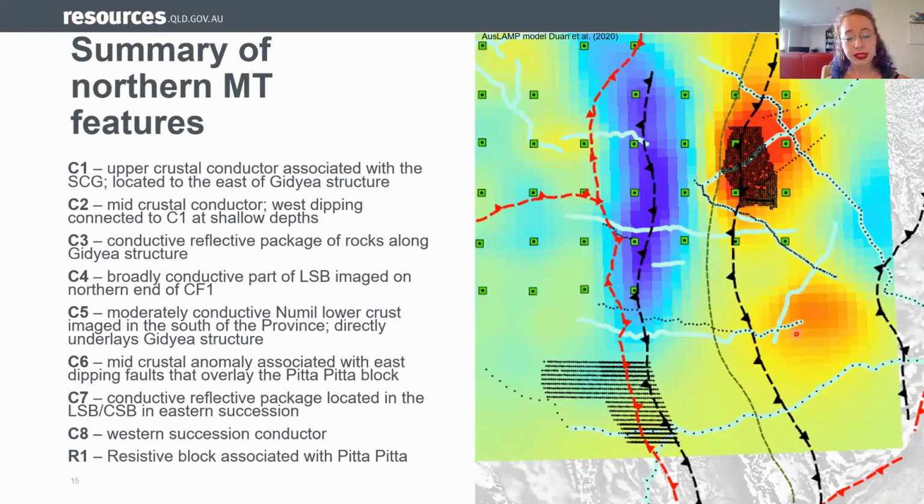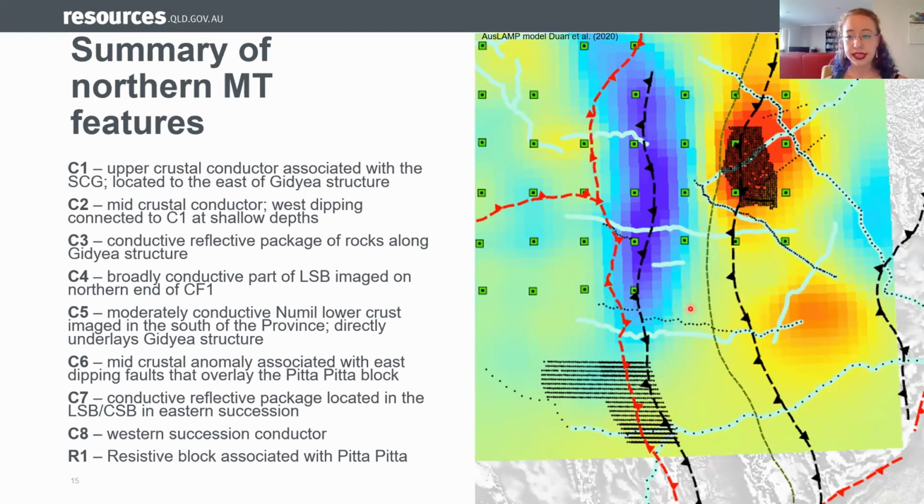So we pick up C5 as a broad, lower crustal, moderate conductor on M6, and I'll show you that it continues further south onto CF3 in a minute. And then we've got a couple of near surface conductors, so that's C6 and C7, again, only really on M6.